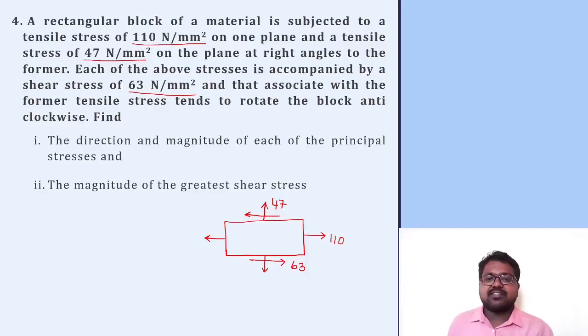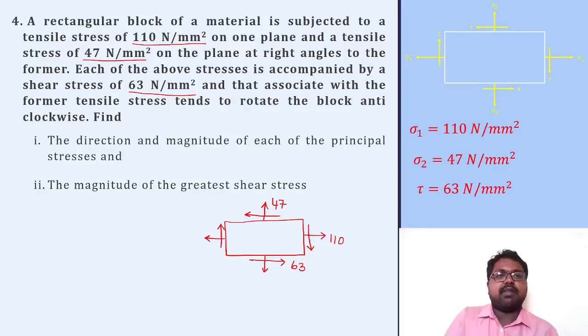To this shear stress, a complementary shear stress will be developed on the other two planes. So if we see the total figure, it will look like this. If we take the stresses as sigma 1 as 110 Newton per mm square, sigma 2 as 47 Newton per mm square and tau as 63 Newton per mm square, this is the data given to us.